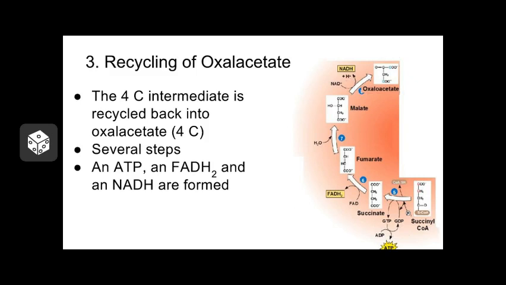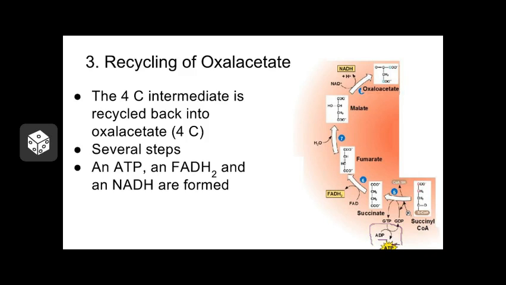Now who's going to grab up our energy for us? Well, there is an enzyme present that is capable of substrate level phosphorylation. In other words, it's going to take an ADP and change it into ATP for us. So we make an ATP, that's great.